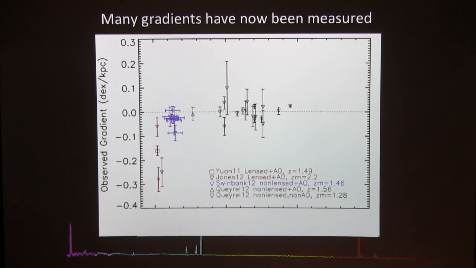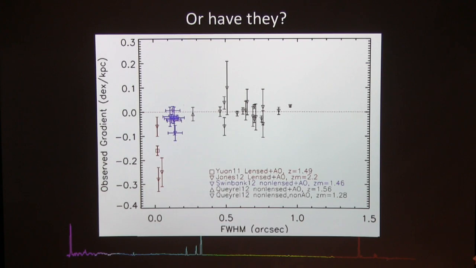Could be year, mass, I don't know. No, it's full width half maximum angular resolution. Okay, so this is a bit of a problem. Here we have the steepest gradients are measured with the galaxies with the highest angular resolution, okay, and then flat gradients are measured in galaxies with lowest angular resolution.